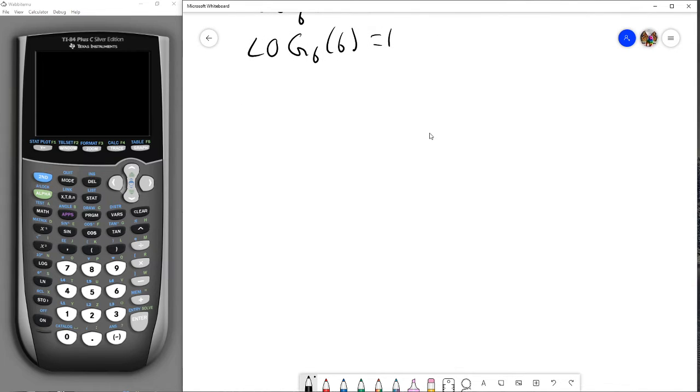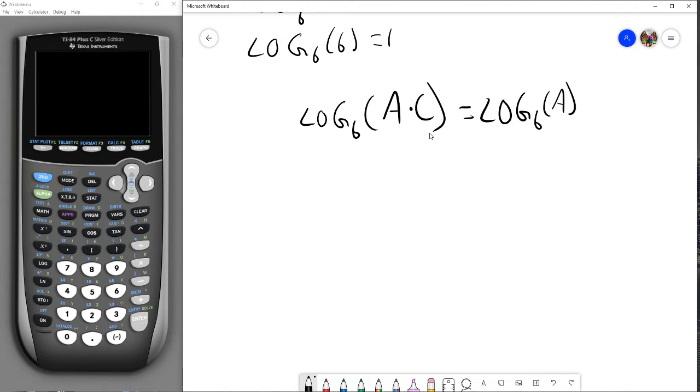The first law of logs that we are going to talk about is the following. We have log base b of a times c. Inside the log here are two quantities being multiplied by each other, and it turns out that we can break this up into a sum of two logs: log base b of a plus log base b of c.